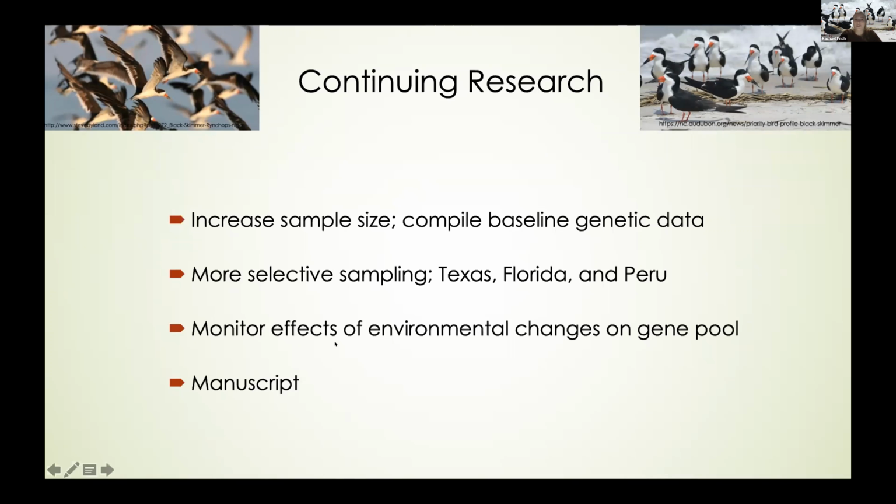And we'd like to monitor the effects of environmental changes such as the development of beach property, since beach nesting sites are really important for black skimmers, and as they become more residential, as well as climate change progressing and rising sea levels, and see how those affect the gene pool we're working with.